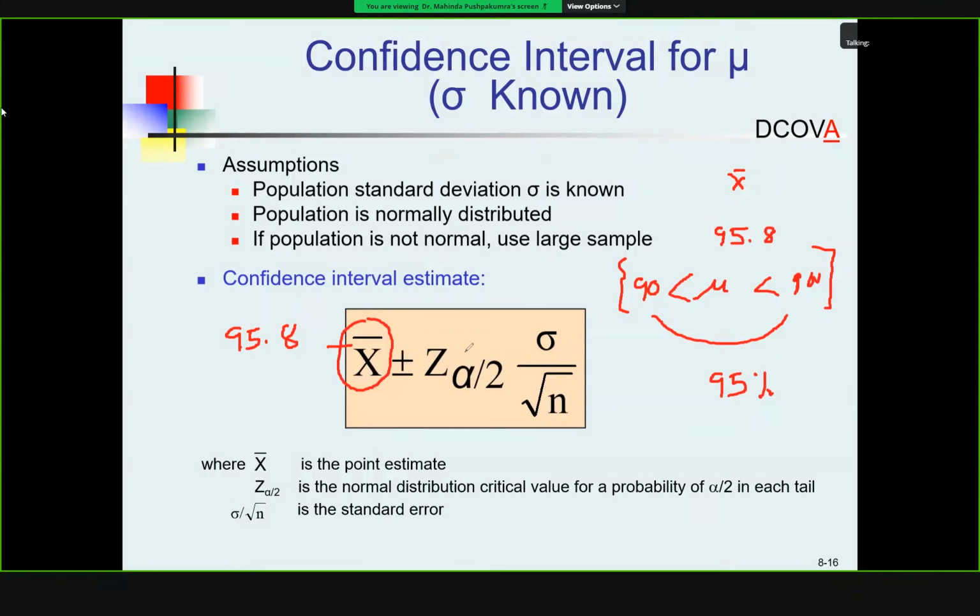That means if you add this part to this value, you can get the upper limit. If you subtract the value of this part from the mean, you can get the lower limit. Okay. Then what are these other symbols?